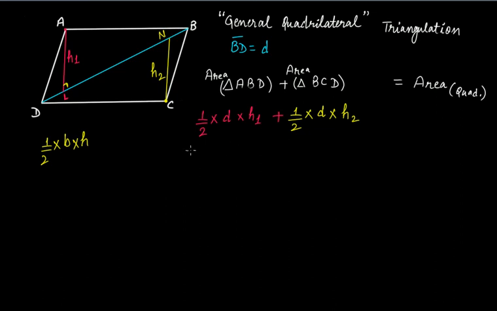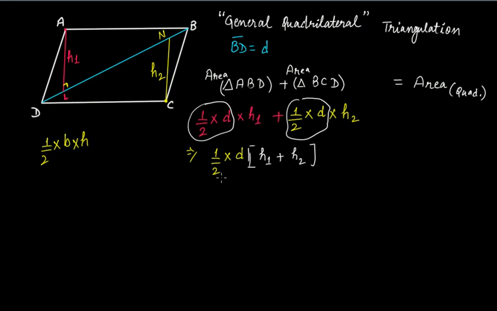So from here, half multiplied by d is common in both these terms of this expression. If you take this common, you get h1 plus h2. Which property have we used here? We have used the distributive property of multiplication over addition, right? So this is actually your required formula.